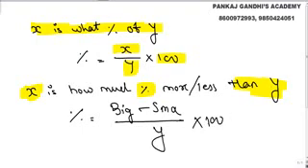What all is done, that's the denominator, y. Bigger minus smaller upon done into 100.